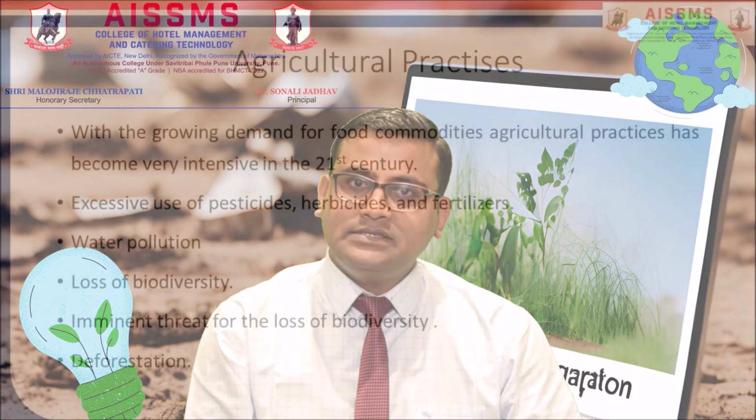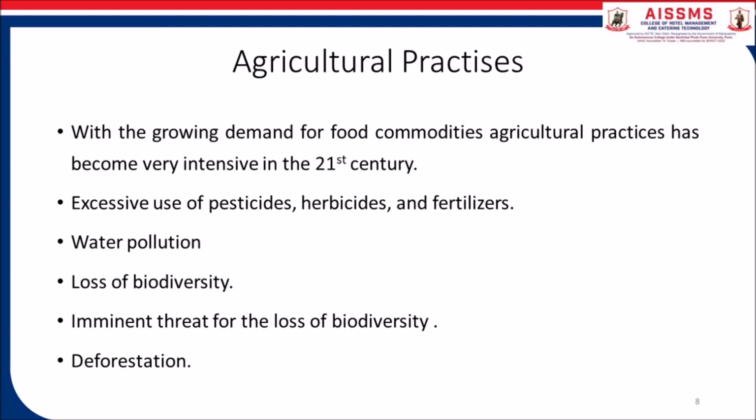The third cause for environmental degradation is agricultural practices. With the growing demand for food commodities, agricultural practices have become very intensive in the 21st century. Intensive farming methods such as excessive use of pesticides, herbicides, and fertilizers can lead to soil degradation, water pollution, and loss of biodiversity.